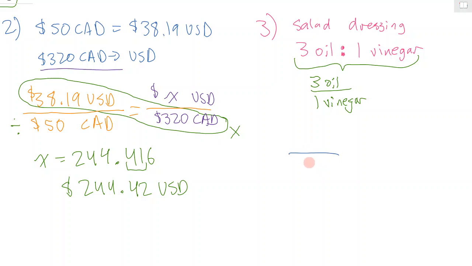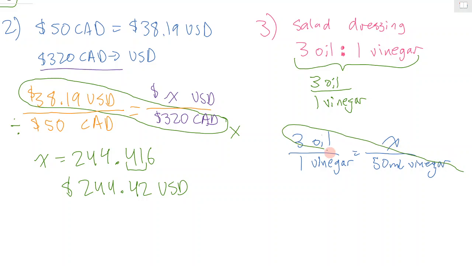So let's set up a proportion first, 3 parts oil to 1 part vinegar. Okay, and we've got 50 mils of vinegar. How much oil? So to set this up, cross multiply and divide: 50 times 3 divided by 1, and we get that x is 150 mils.